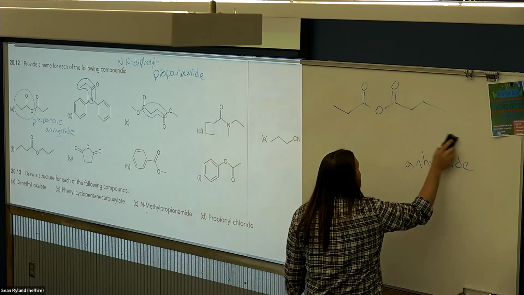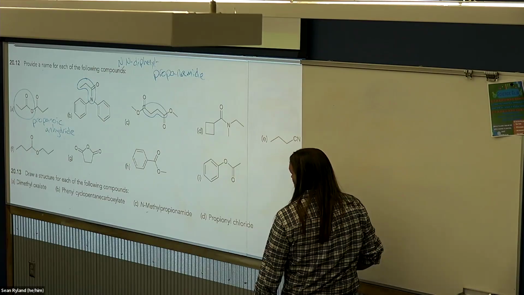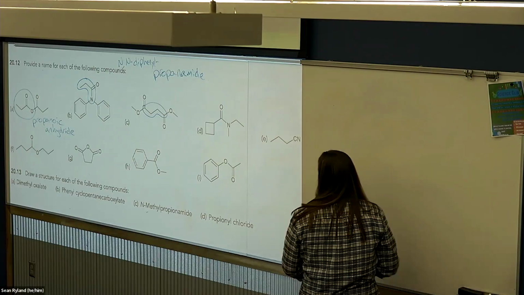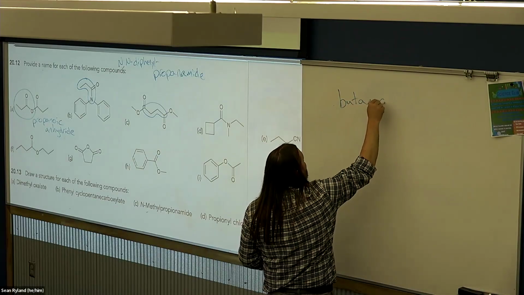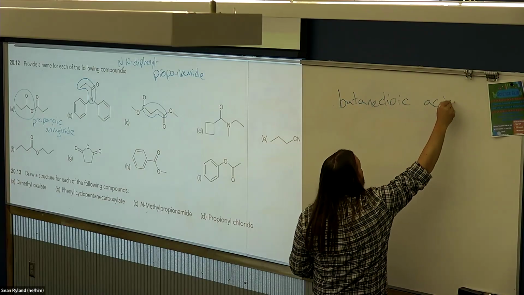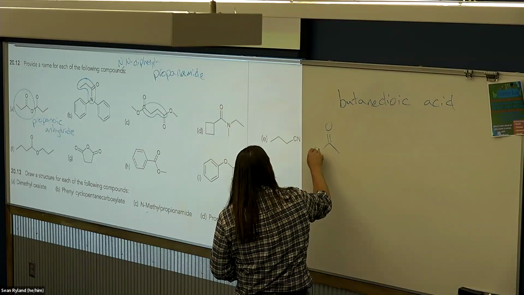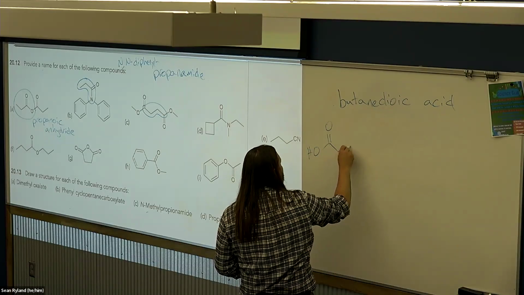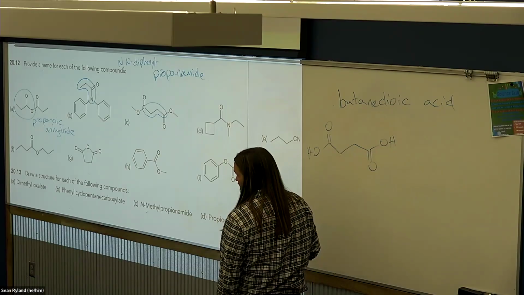Because it would be butane dioic acid if it was protonated, right? So butane dioic acid would look like 1, 2, 3, 4. Would look like this.